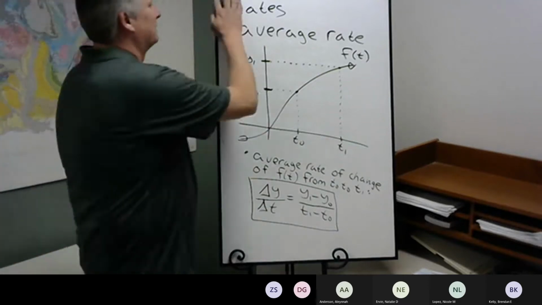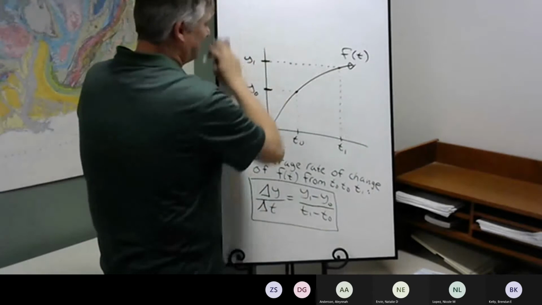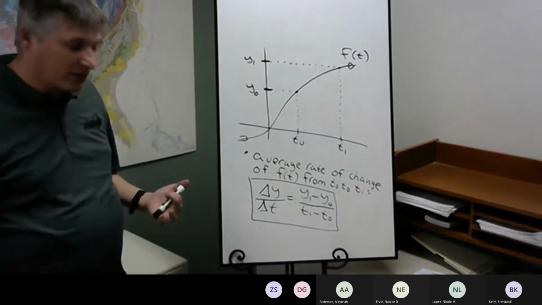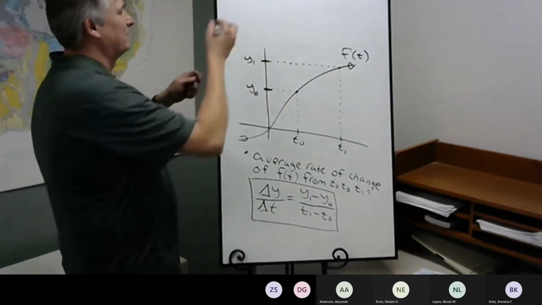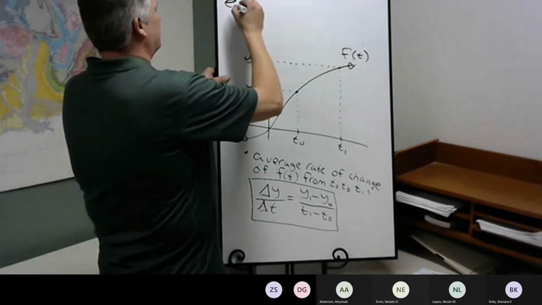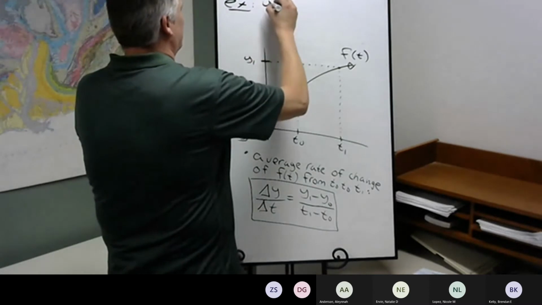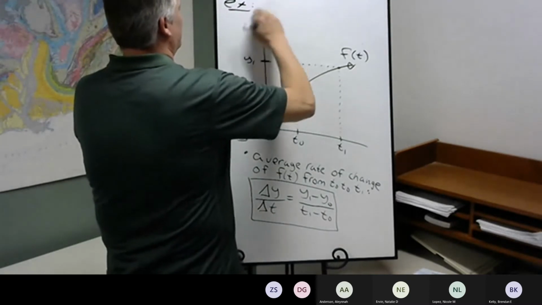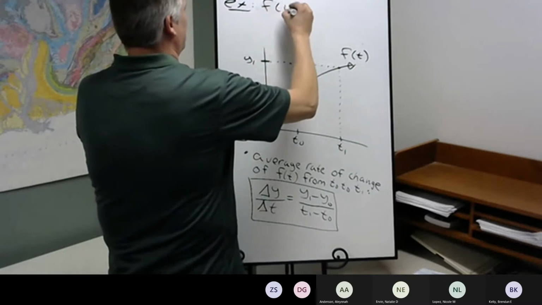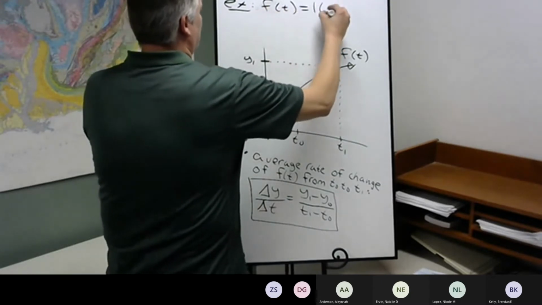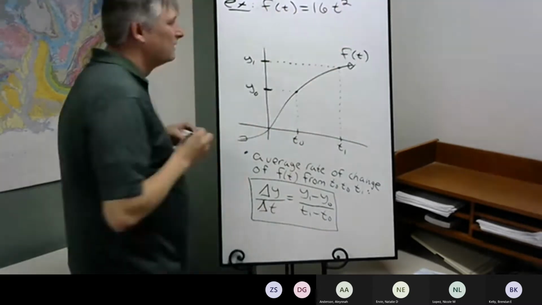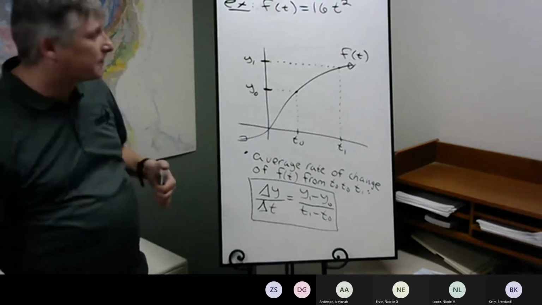All right. So I'm going to run through an example. Say we have this. So f of t is 16t squared.